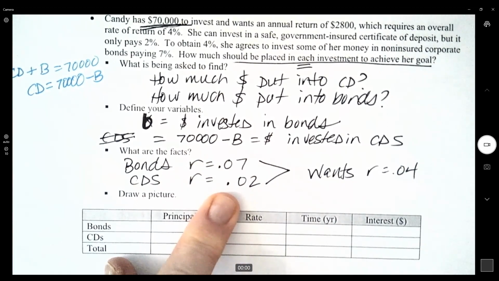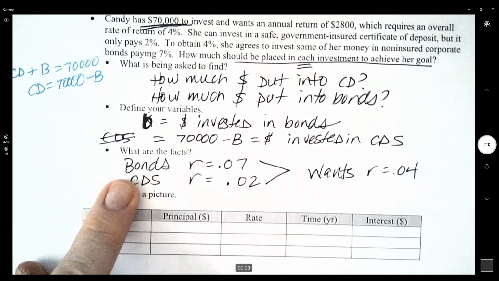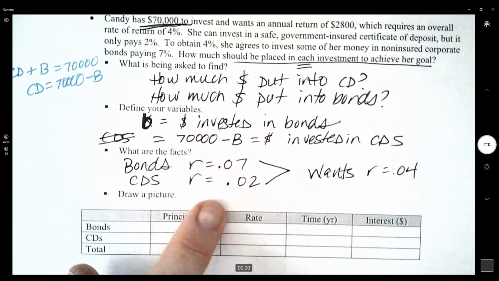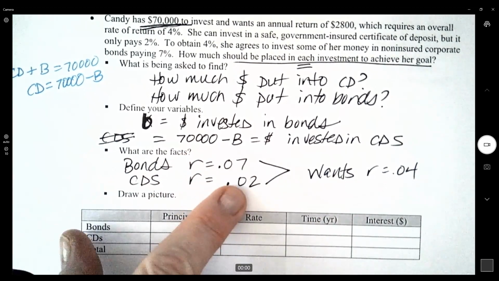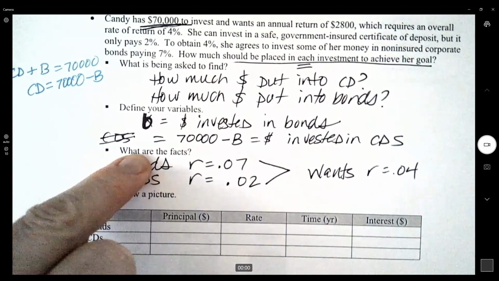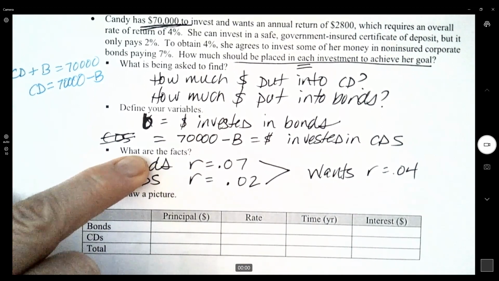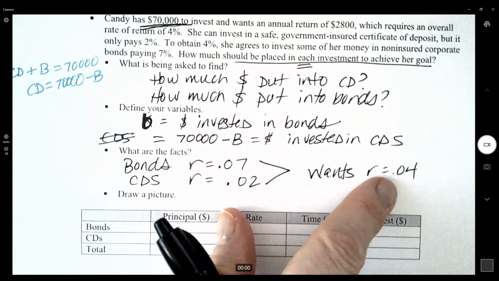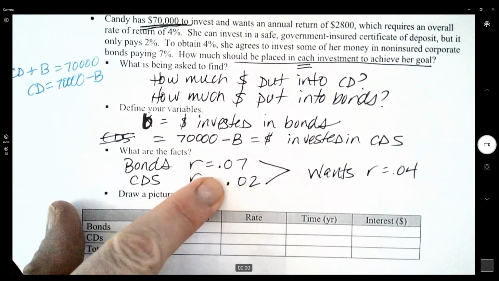Now, if I were to make a best guesstimate, I would not say they're going to be equally split, because this 4% is not equidistant in between those two numbers. 4% is closer to 2%, which means we will need more of the CDs than of the bonds, because again, we want a percentage that's going to be closer to this interest rate, which is 2%.